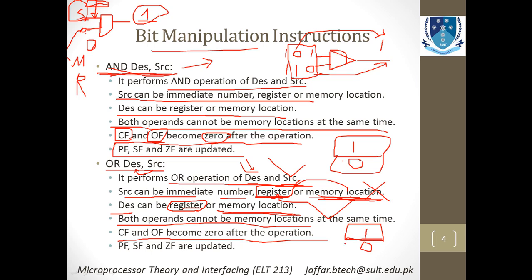So there will be no need for the carry flag or overflow flag after using this operation. And there are some other flags that will be automatically updated after you have done this kind of manipulation.